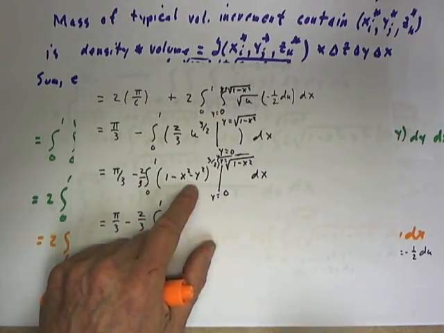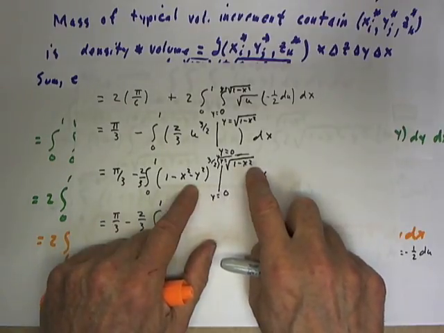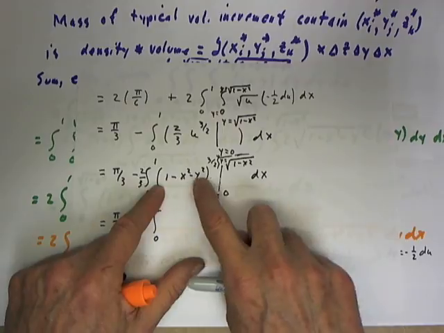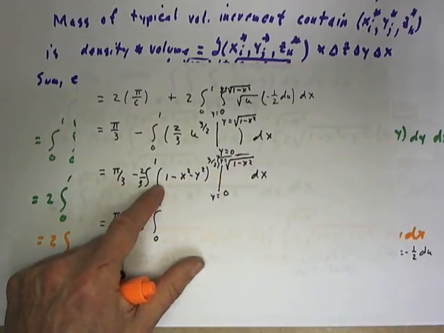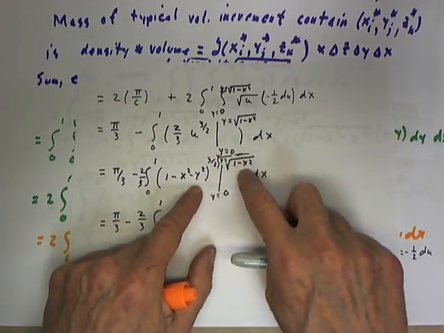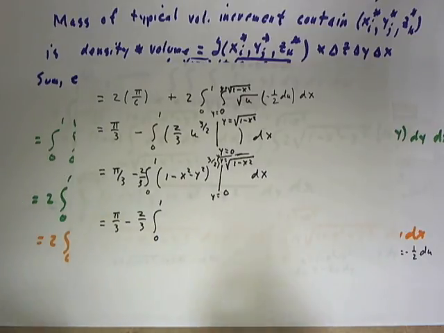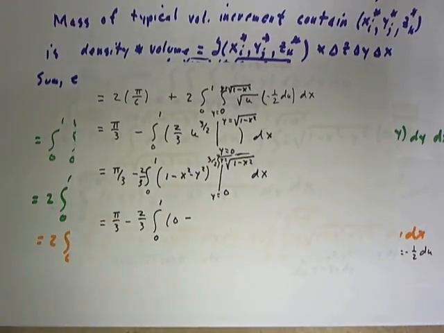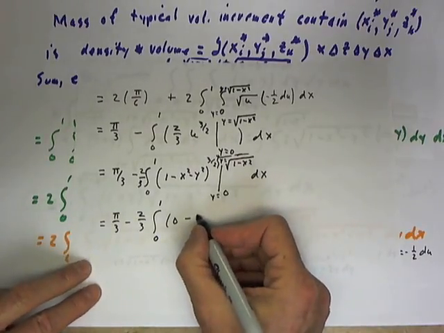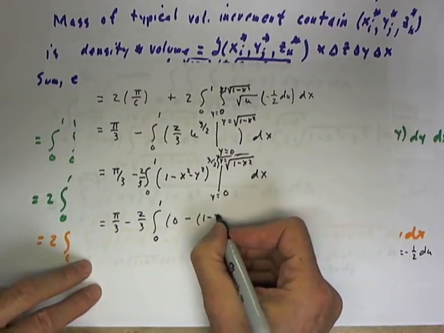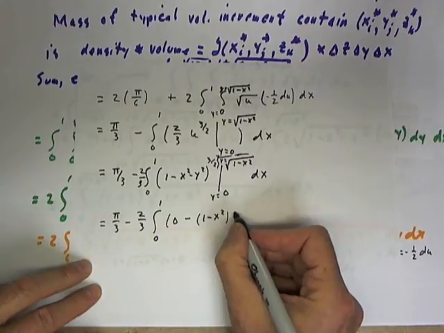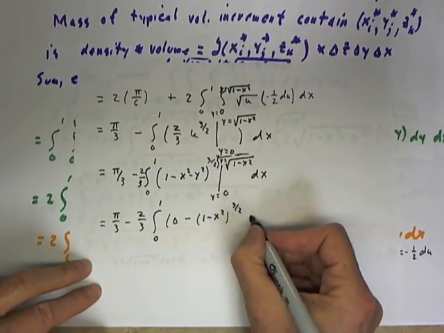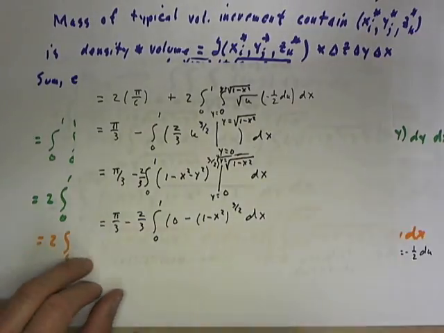If I substitute square root of 1 minus x squared for y, I get 1 minus x squared minus the quantity 1 minus x squared, because y squared is just going to be 1 minus x squared. So that gives me 0. And at y equals 0, I just have 1 minus x squared to the 3/2 with respect to x.